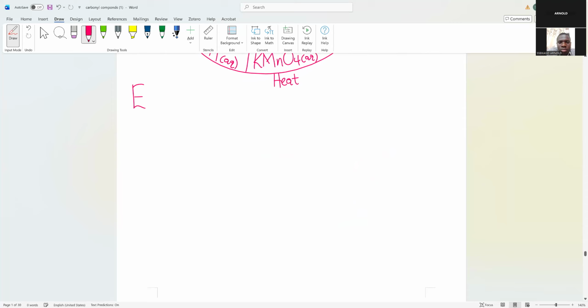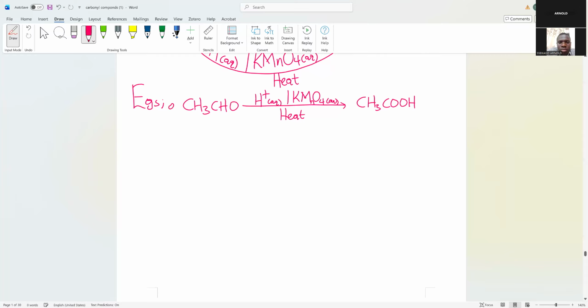So examples. If I have ethanol with acidified potassium permanganate, heat, we add oxygen and get ethanoic acid.